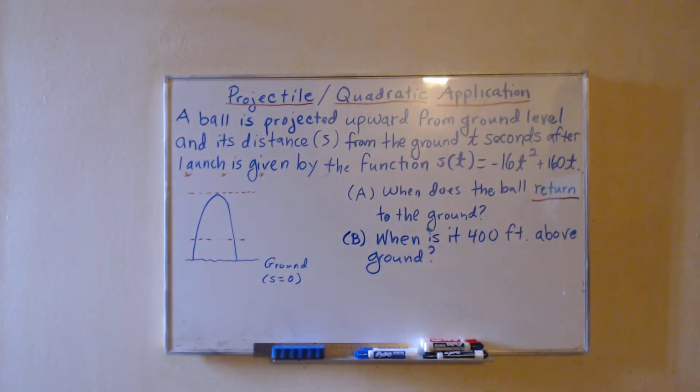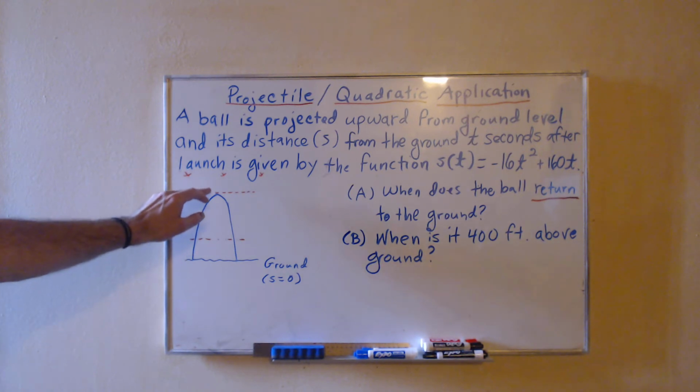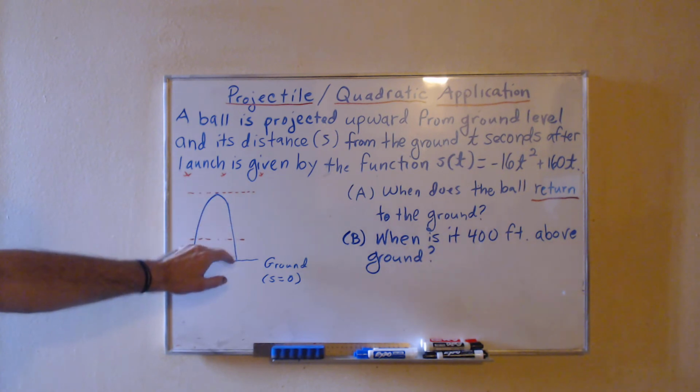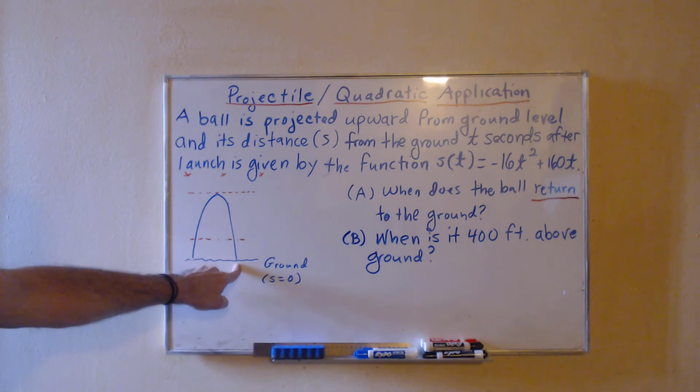Now, it's never going to go below the ground. It's going to hit and be done. But because gravity is going to slow it down, it's going to reach a maximum height and then come back down. In between, there are two times: launch at t equals 0 and what we're looking for in part A, that it will be at a height of 0.